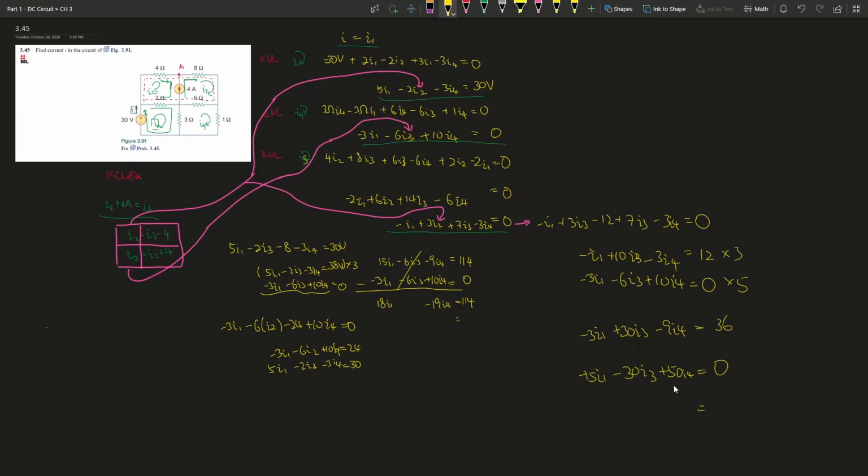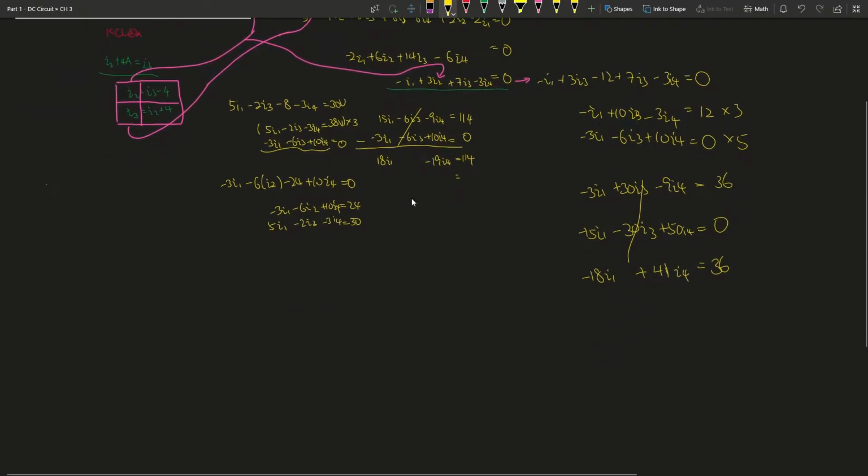Okay, so top plus bottom, 36. So negative 18i1, this cancels out, and then plus 41i4. And then here 81i1, perfect, equals 144.